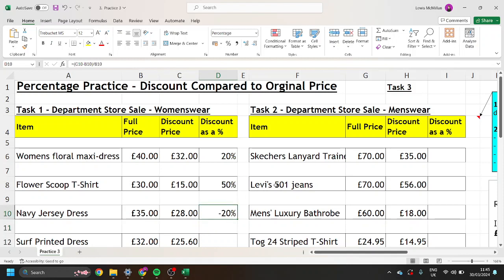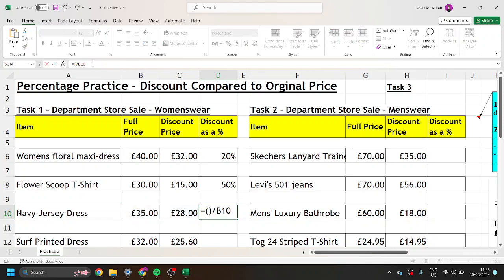Now, this is where you need to use logic to determine it isn't a minus 20% discount. Well, yes, the price is going down. It is a 20% discount. Like if you go to the shops and it's a 20% off sale, then you know it's going to be down by 20%. So we don't need that negative there.